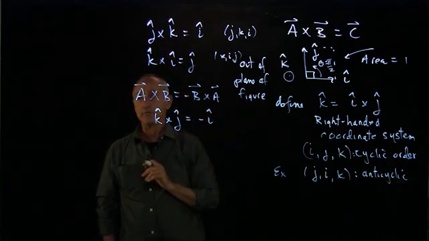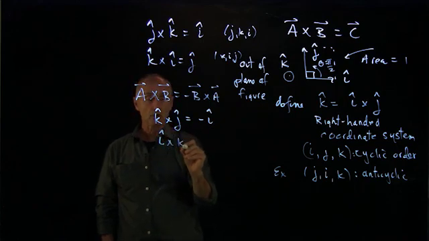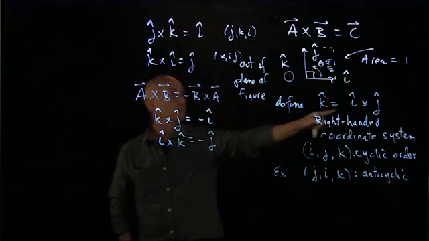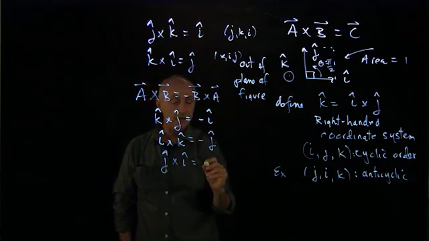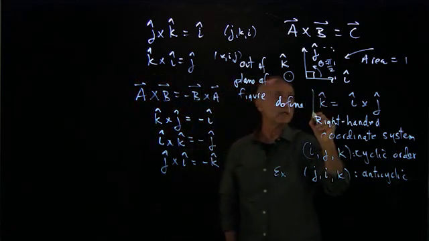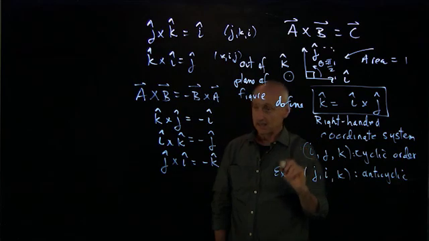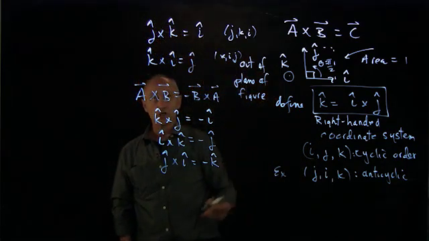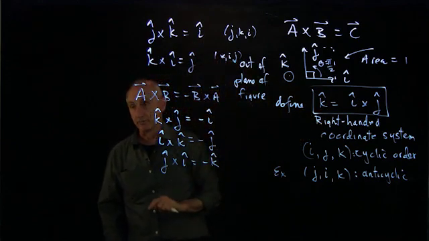That's the anti-commutative property of the cross product. Similarly, i hat cross k hat is minus j hat. And lastly, j hat cross i hat is minus k hat. In fact, you only need to know one, and this idea of cyclic and anticyclic, to be able to write down all of the other six.